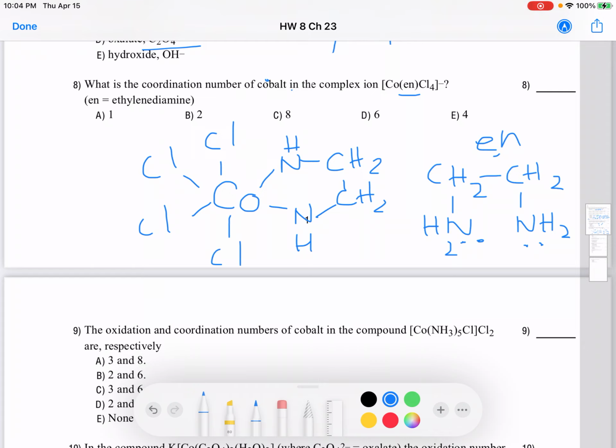So this is the structure of the complex ion. The coordination number is how many ligands are attached to cobalt. So if you count, this is 1, 2, 3, 4, 5, 6. So that tells us that the coordination number is 6.